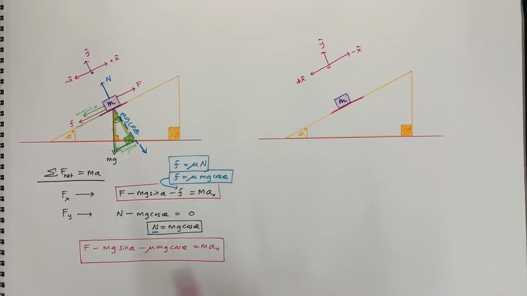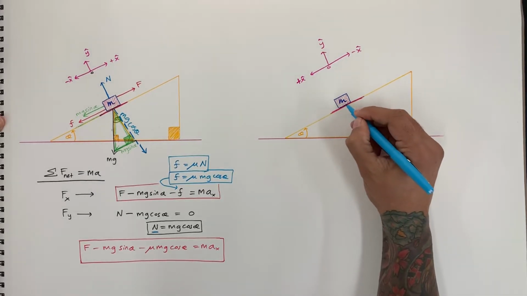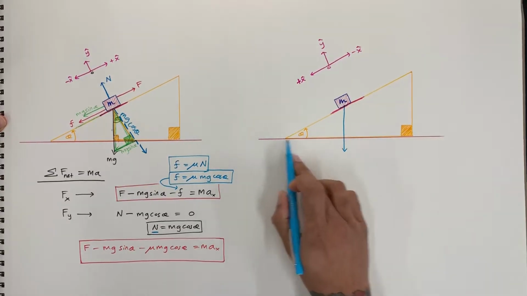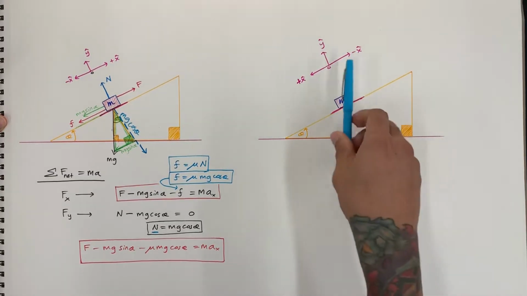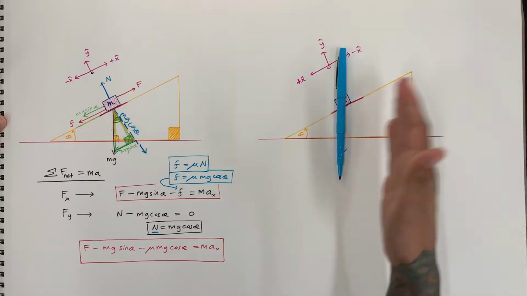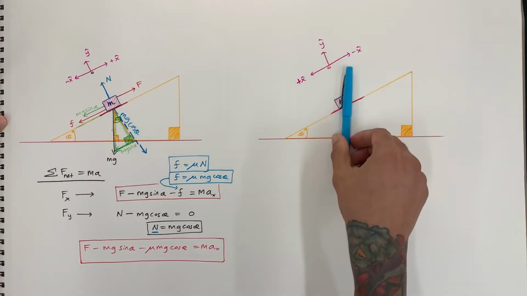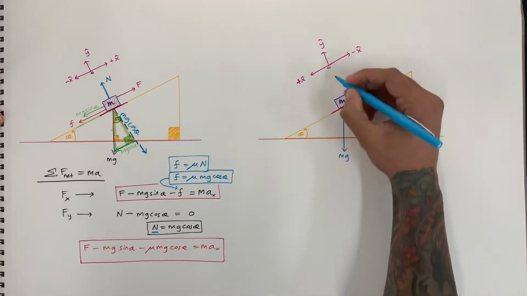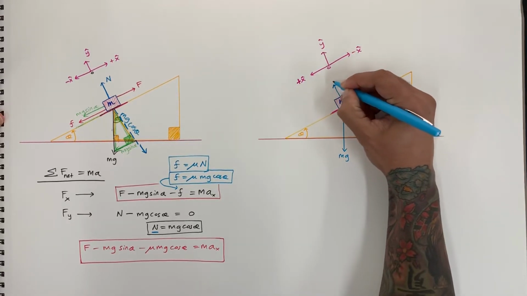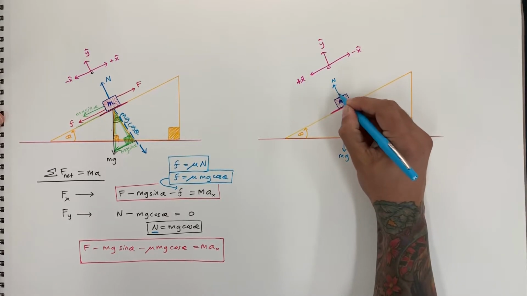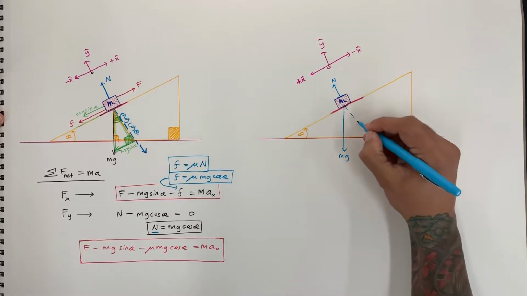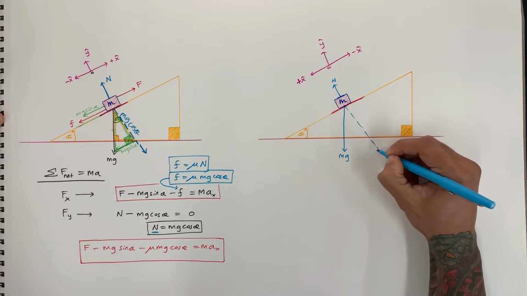Okay, once we've done that, we've already seen that gravity on any object pulls straight down to the ground. All right, so this here represents the ground. Any object, no matter if it's on a slide or anything, it's going to go straight down. So this is mg. Okay, we're going to draw the normal force perpendicular to the surface, and a vector going in the opposite direction.